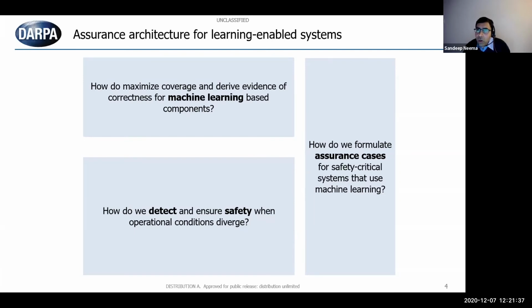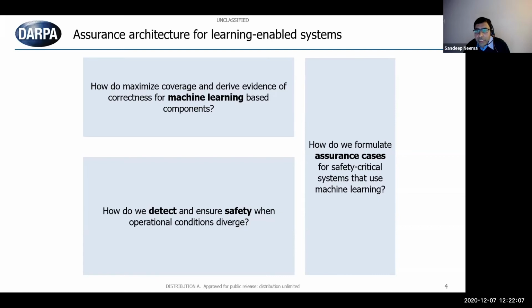Now, this is with the full realization that for autonomous systems, learning-enabled systems, coverage in an exhaustive sense is, of course, an impossible task. And so our challenge is, how do we intelligently cover this such that we are exercising possibly some of the rare and hazardous scenarios? So this is what we're looking at in this area.